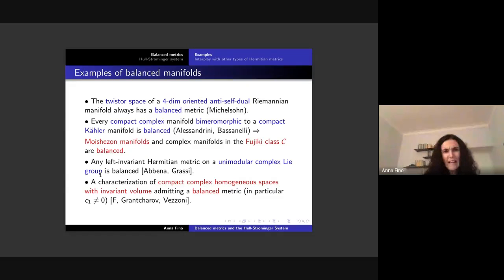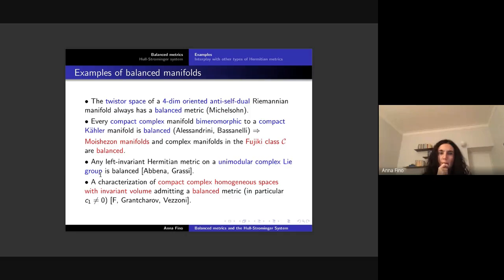With Grantcharov and Vezzoni, we studied more generally the existence of balanced metrics on a class of compact homogeneous spaces, which are complex homogeneous spaces with invariant volume form. What does it mean? It means that you have a compact manifold with a complex structure and a volume form, which are both invariant by a transitive action of a Lie group.